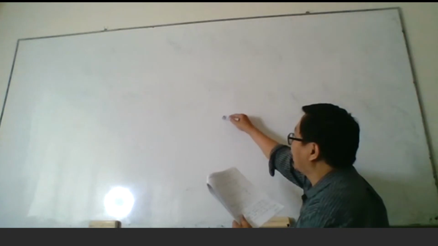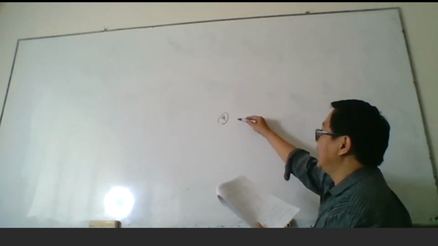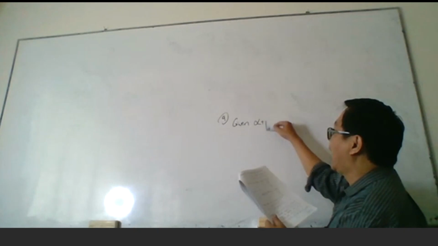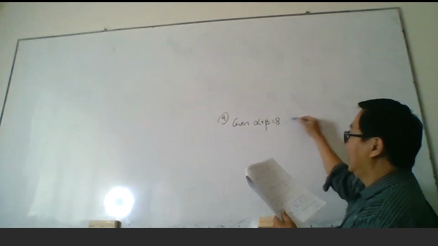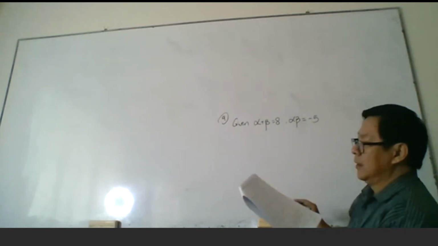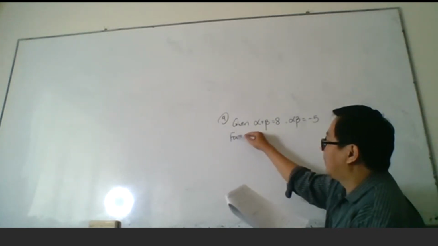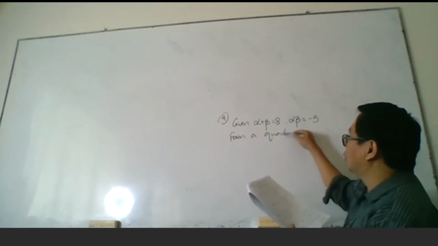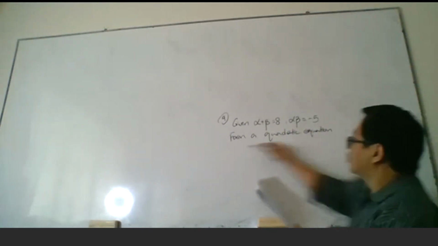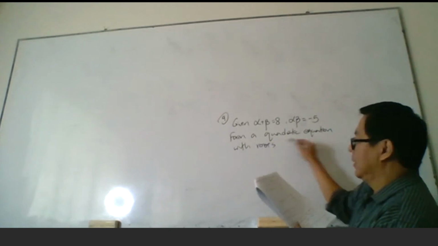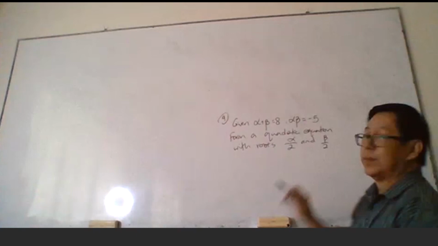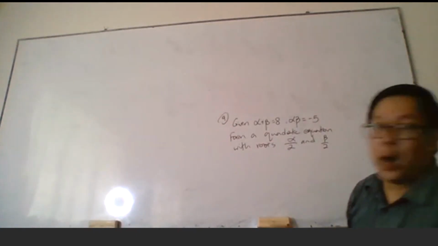Okay, so in question 9, the question says given that alpha plus beta is 8 and alpha times beta is 5. They ask you to form a quadratic equation with roots alpha over 2 and beta over 2. Okay, so step 1.